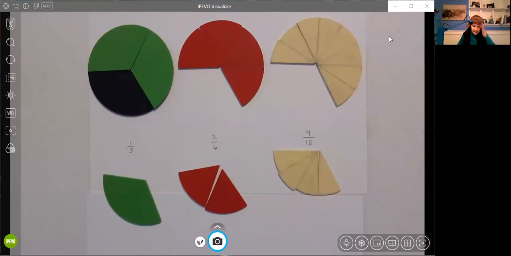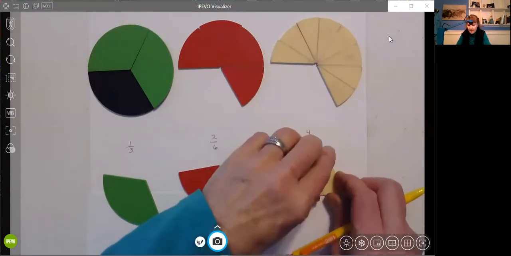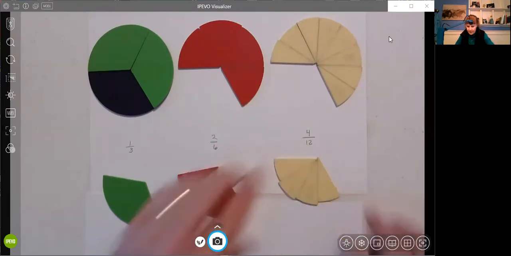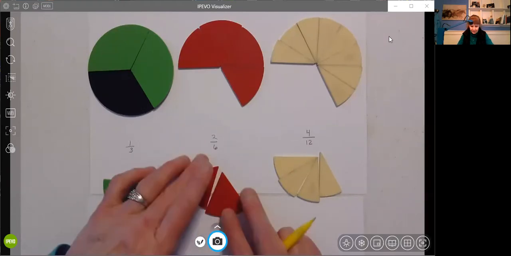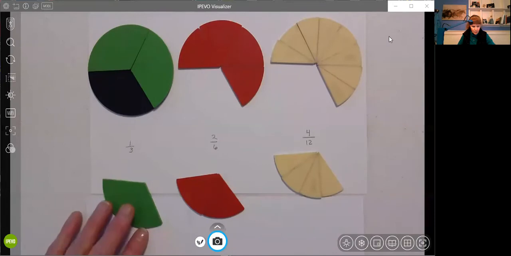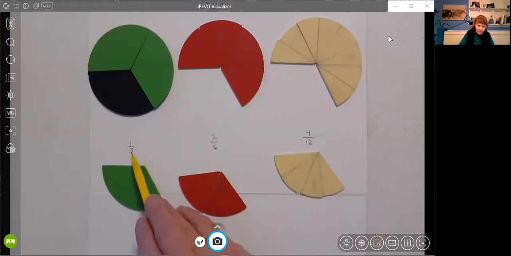Because they represent the same amount, these are called equivalent fractions. Okay, equivalent fractions. I'm having a hard time getting it over that piece of paper. But, all right. So each of these represents 1/3. They're equivalent fractions, yet they look different.